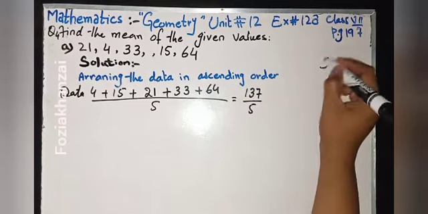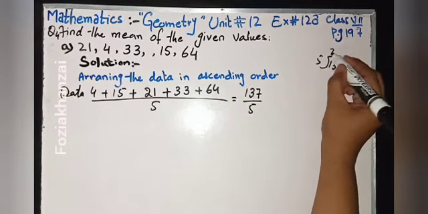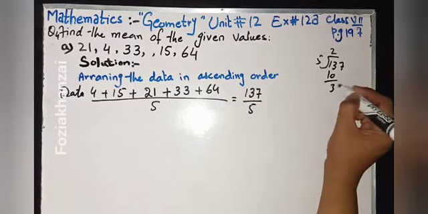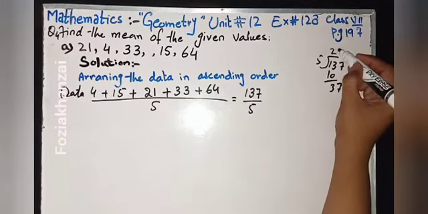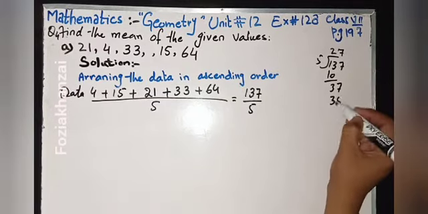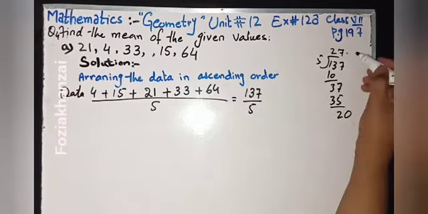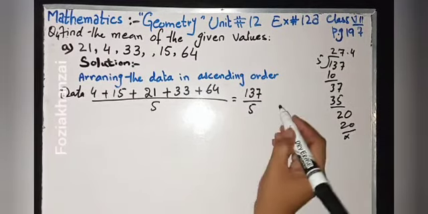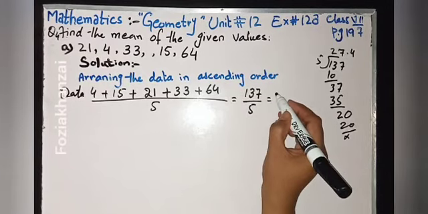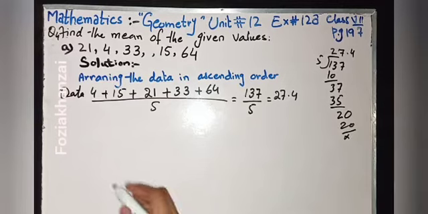So dividing: 5 2s are 10, 3 is left, copy down 7, 5 7s are 35, 2 is left, put decimal, add a 0, 5 4s are 20. So 27.4 is the answer of the first part.